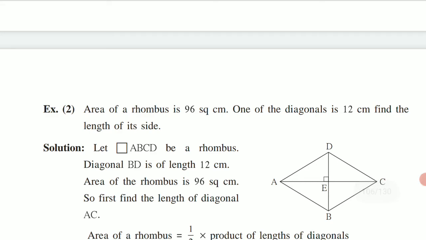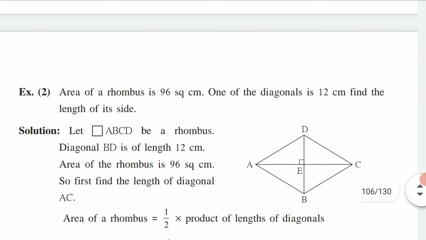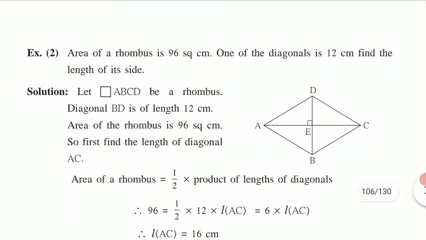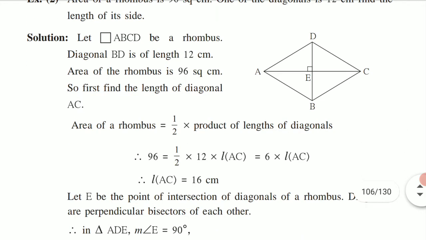Next example, area of a rhombus is 96 square centimeter. One of the diagonals is 12 centimeter. Find the length of its sides. Let ABCD be a rhombus. Diagonal BD is of length 12 centimeter. Area of the rhombus is 96 square centimeter.